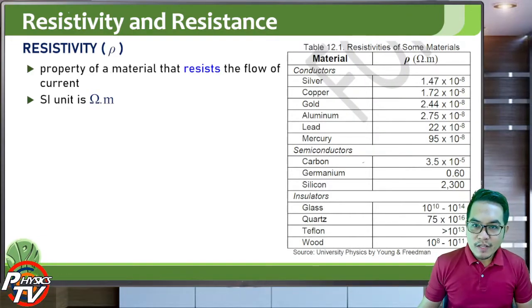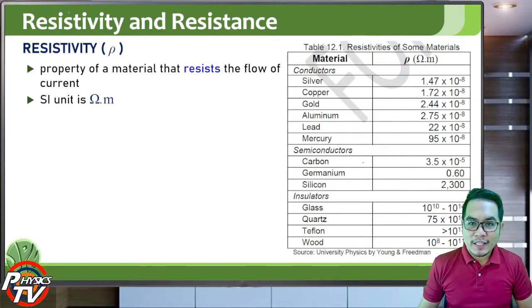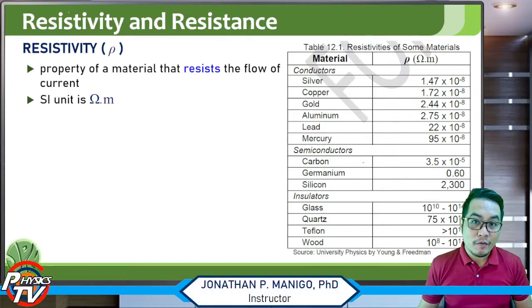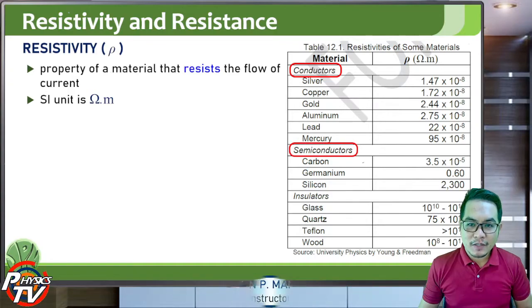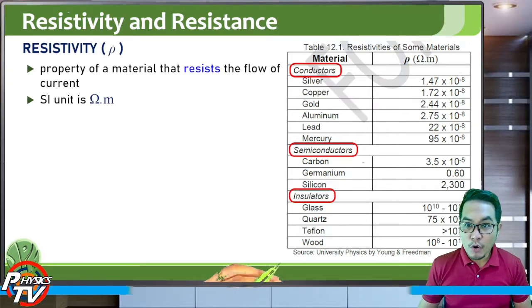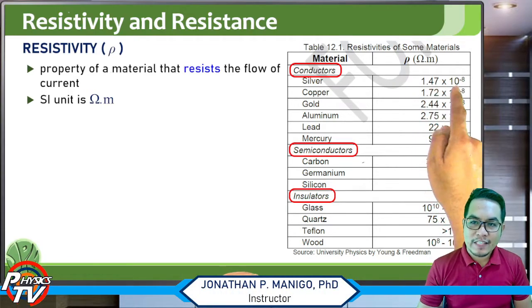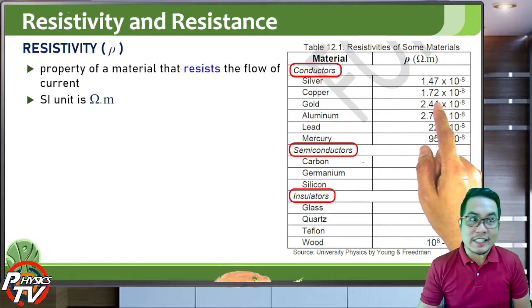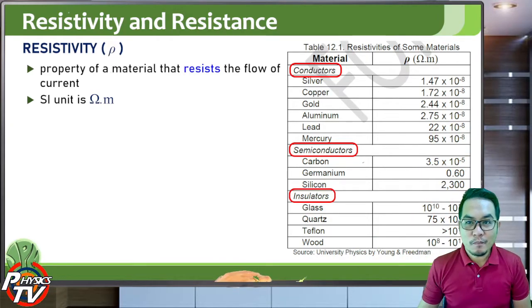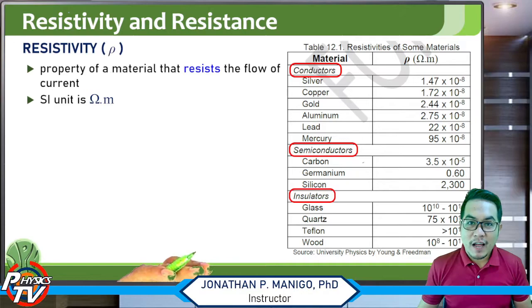Materials can be categorized based on their resistivities as conductors, semiconductors, or insulators. Conductors have very small resistivities. If you will notice, silver is 1.47 times 10 to the negative 8 ohm meter. Those are actually very small.